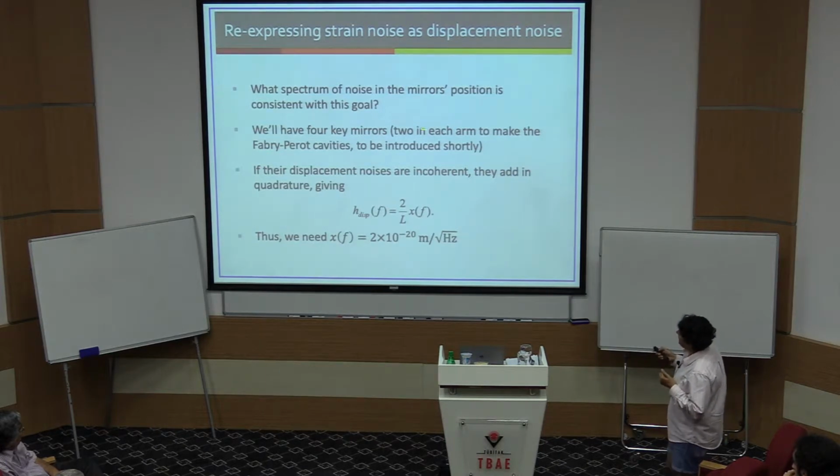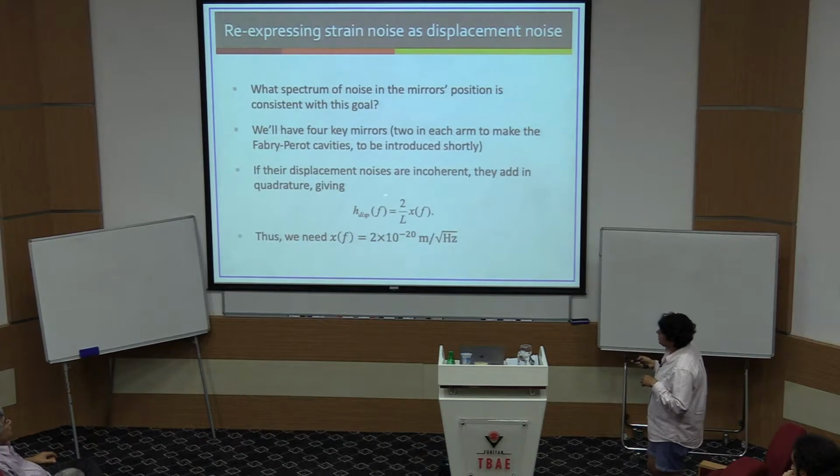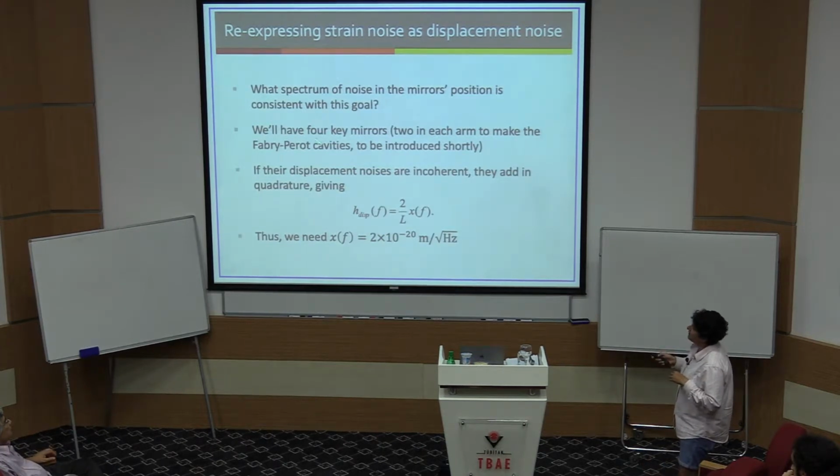And now how do we connect this back to the displacement spectrum? To connect back to the displacement spectrum, I have one other thing to do, which is I have to not just divide by the length, which we can do, but I also have to include the fact that I have 4 mirrors. Remember those Fabry-Perot cavities? So now I don't care about the motion of just 2 mirrors.